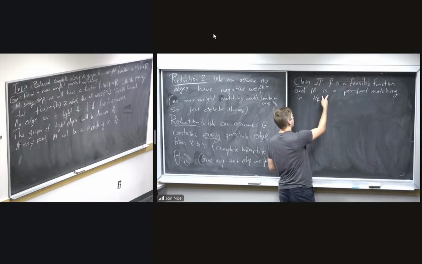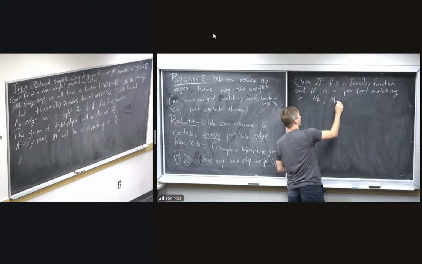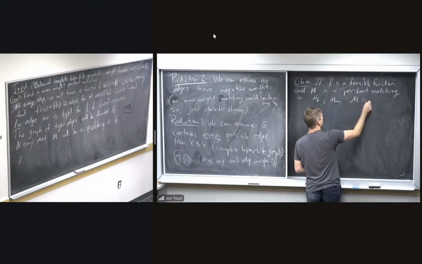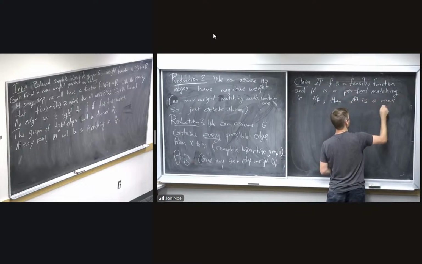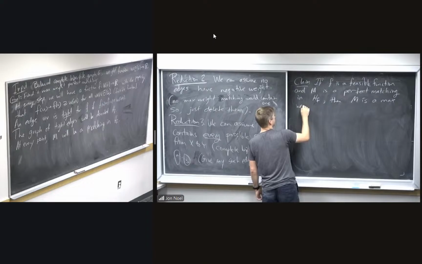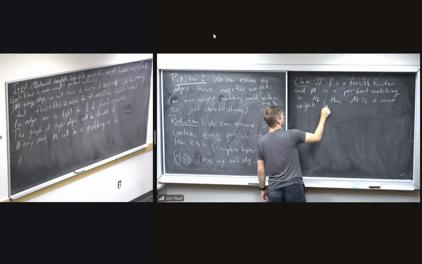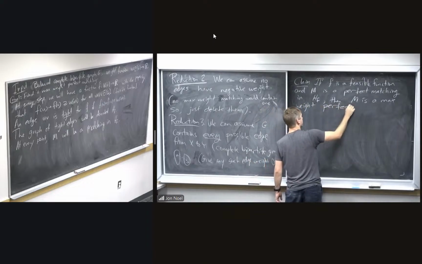So if f is a feasible function and M is a perfect matching in H sub f, then M is a max weight perfect matching.